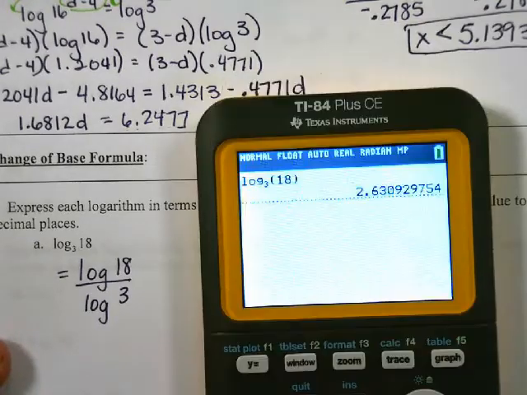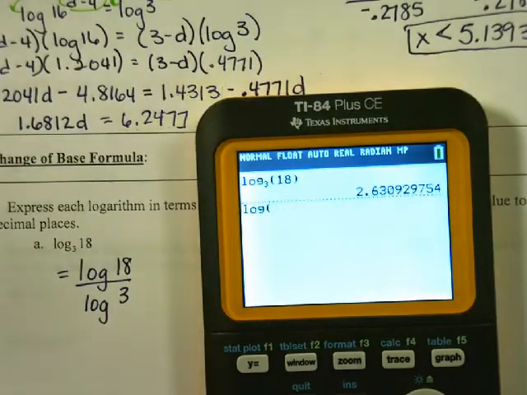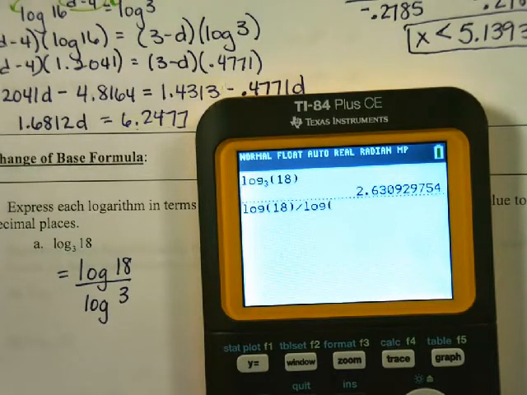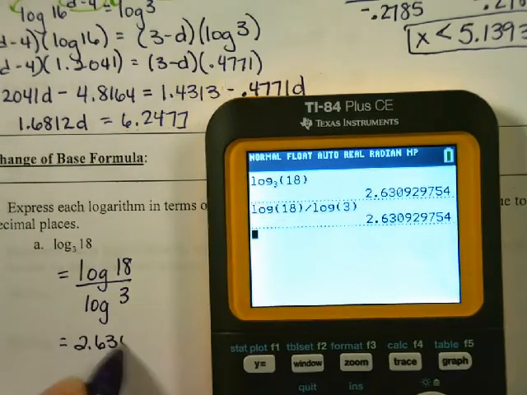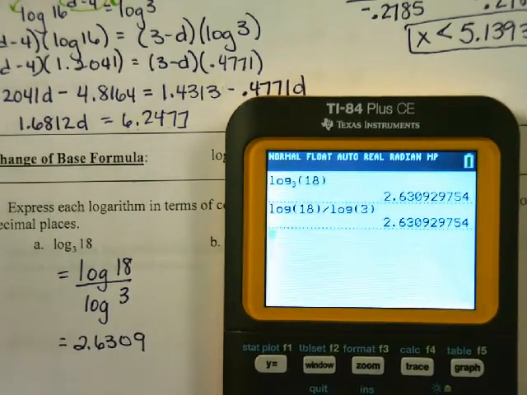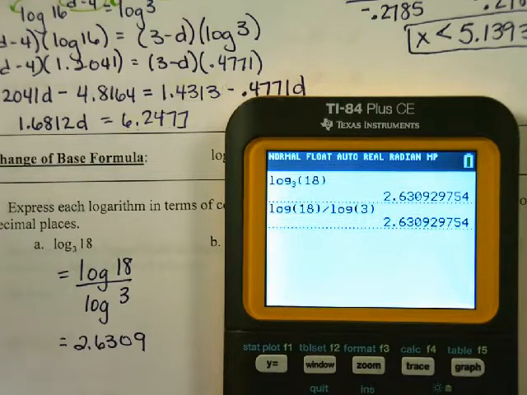Hit the plain log button by the 7, log of 18, and make sure you close your parenthesis. Divided by the log of 3, close your parenthesis. This is 2.6309. If you have that log base where you're able to change it in your calculator, go ahead and do that.